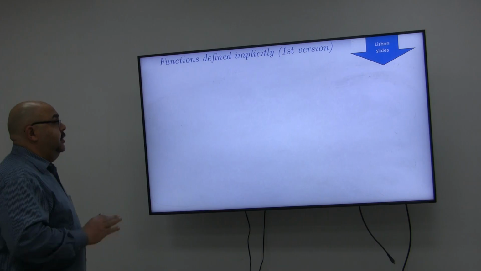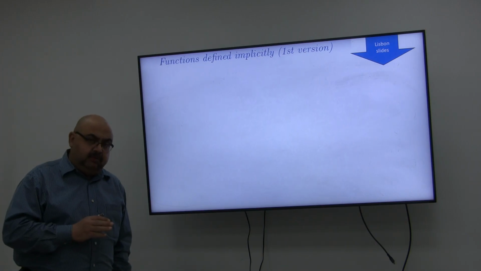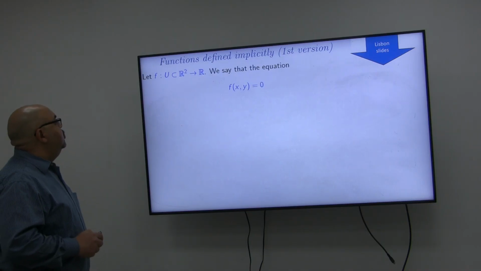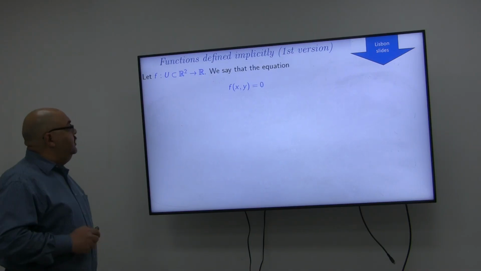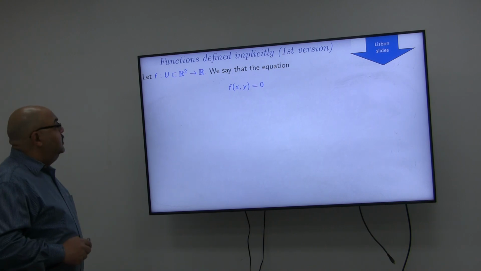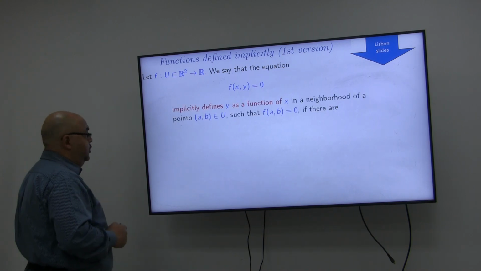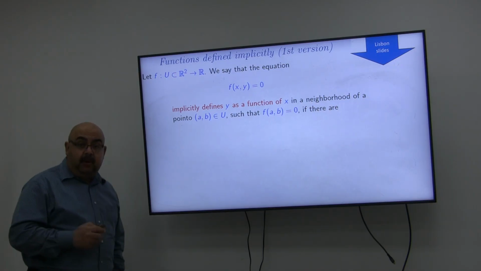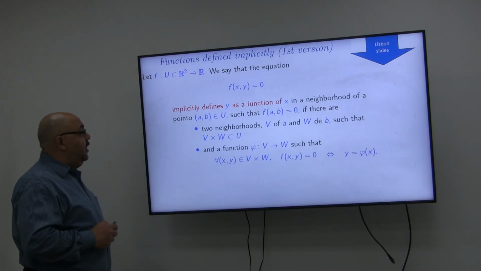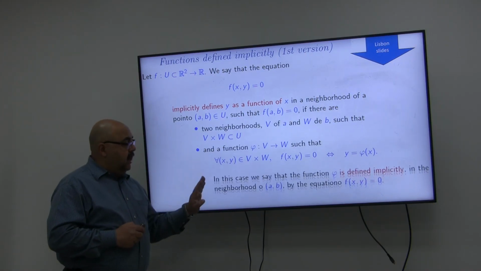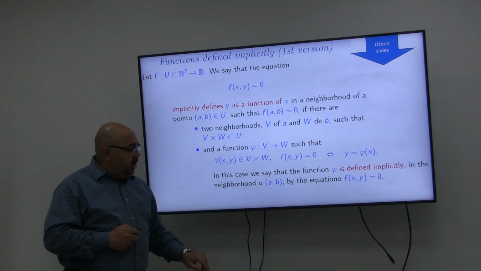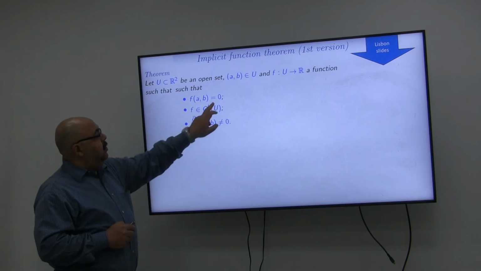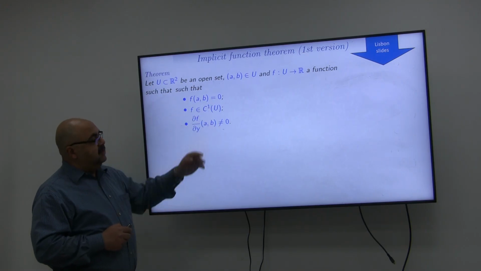In this version, it's exactly like the versions in the slides that we went through. It's exactly the same. If you have f mapping from R^2 into R, such that f of (x, y) is equal to 0, and you have the point (a, b) defined on the domain and its neighborhood, and f of (x, y) equals 0 at this point, so as a result f of (a, b) equals 0, and the partial derivative with respect to y doesn't equal 0.